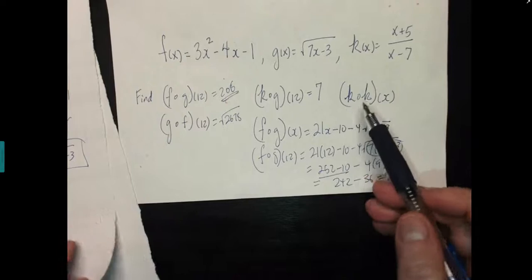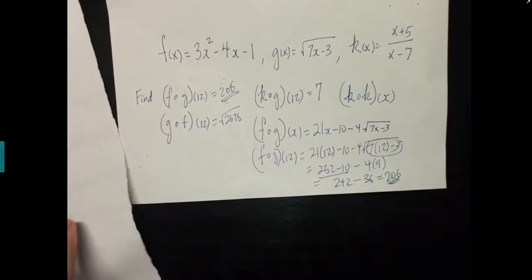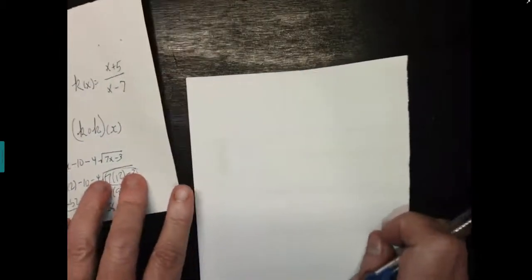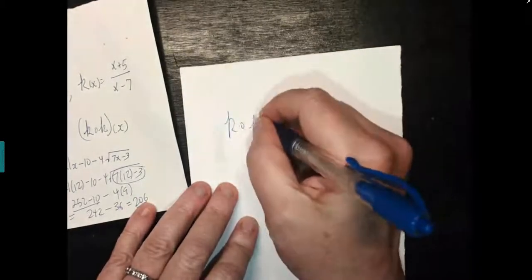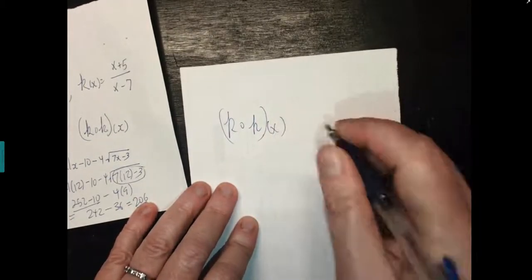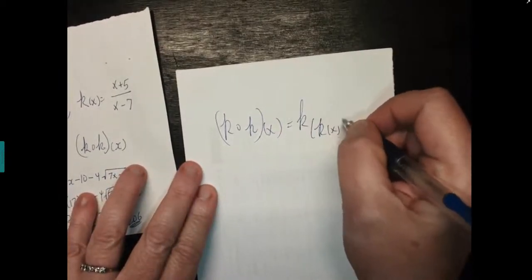And the last thing I have to do is k evaluated with itself. Let's see what that's going to give us. So k evaluated with itself is going to be the first one, evaluated at the second one.